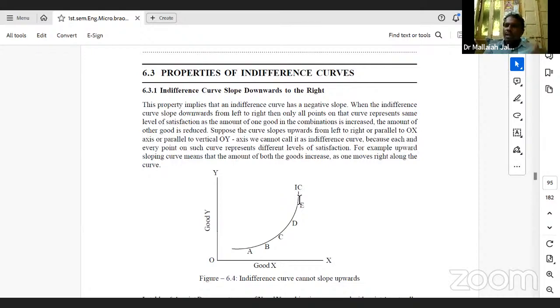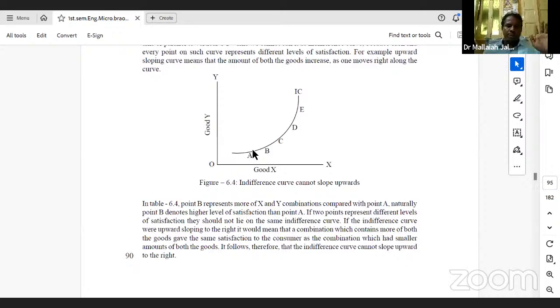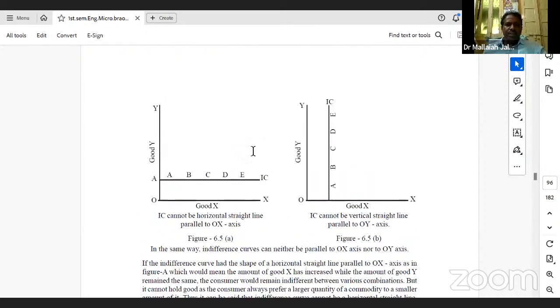As I said, if X commodity is increasing, Y commodity has to decrease, or if Y is increasing, X has to decrease. That is why it is convex to the origin and slopes downward from left to right. That you have to remember. Indifference curve slopes downwards from left to right.